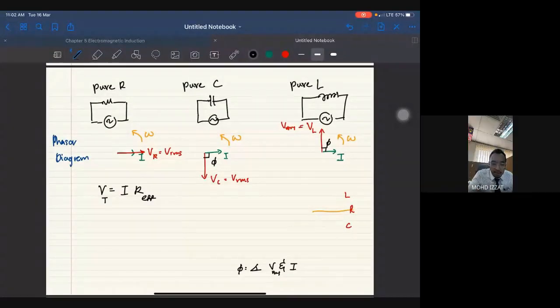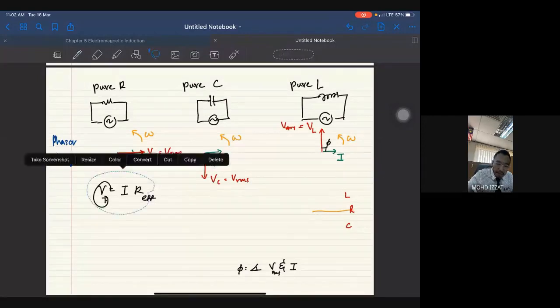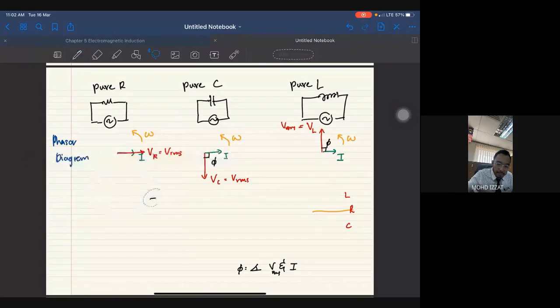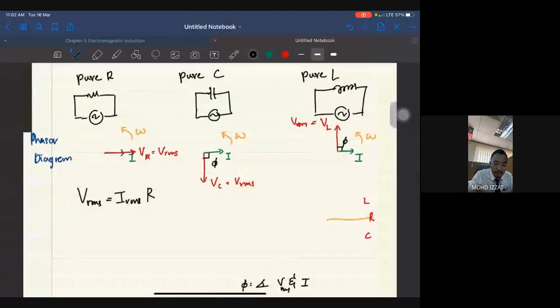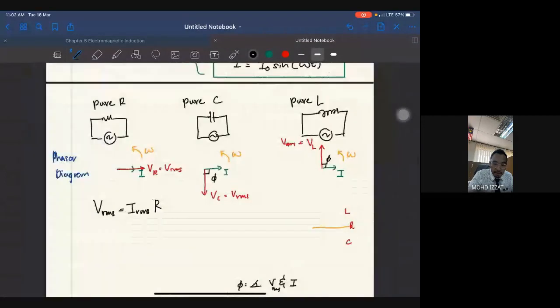Yes, total resistance of the circuit. Maknanya mesti V terminal. Yes. Yeah. So in this case, untuk yang first pure resistor, V RMS equals to I RMS. Ini apa? R lah kan? Sebab total resistance in the circuit is the resistor. Boleh faham?